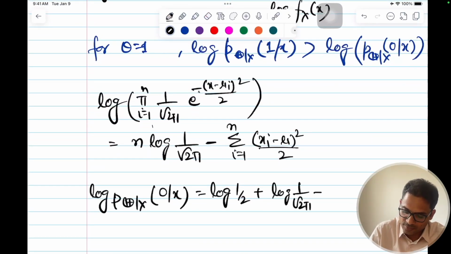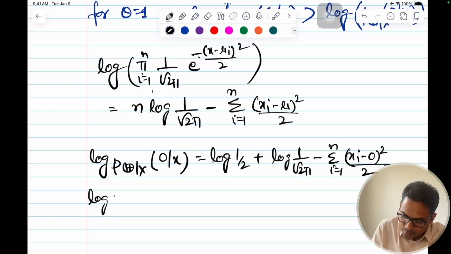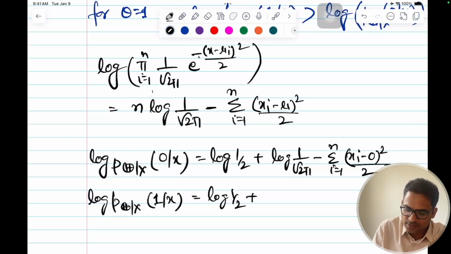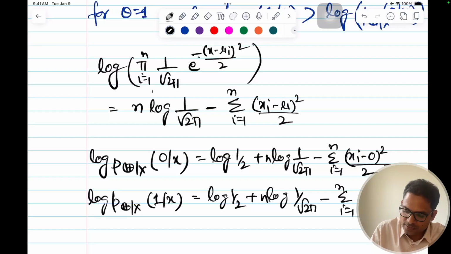So the second term from here is sigma i equal to 1 to n, xi minus 0 whole square by 2, and fx we have already got rid of. Then log of p theta given x for case 1 will be again, both cases are half, plus log of 1 by root 2 pi n times, minus sigma xi minus 1 whole square by 2.